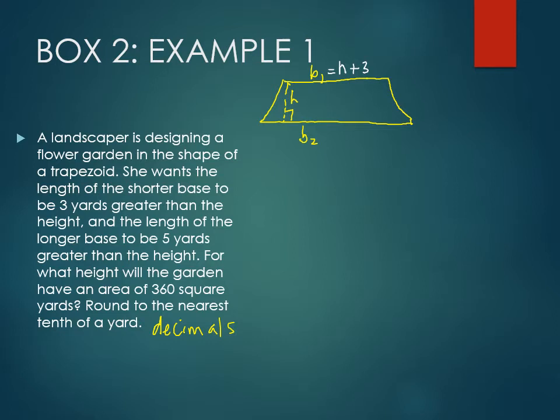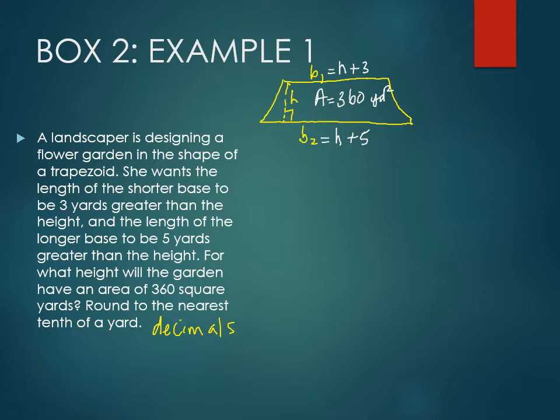So B2 equals height plus 5. And we know that the whole area equals 360 square yards. So I labeled all my information.